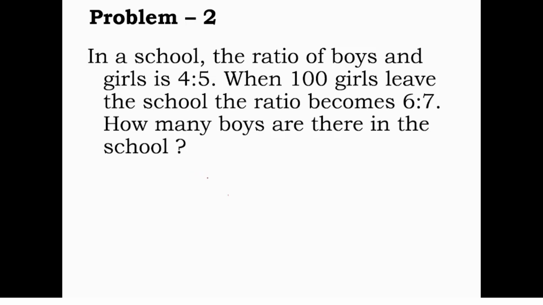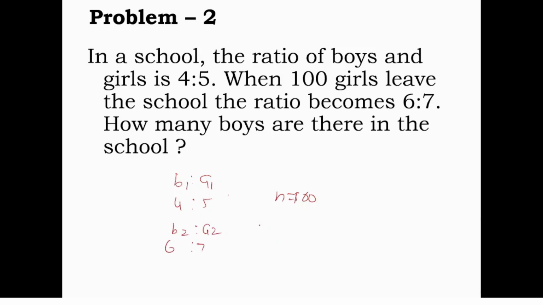This second problem can be solved in a shortcut manner. The original ratio, let it be considered b1 is to g1 equal to 4 is to 5, and the number of girls leaving here is 100. So the resultant ratio b2 is to g2 is 6 is to 7.